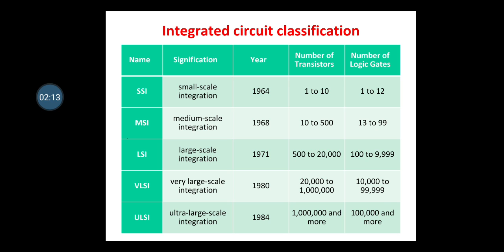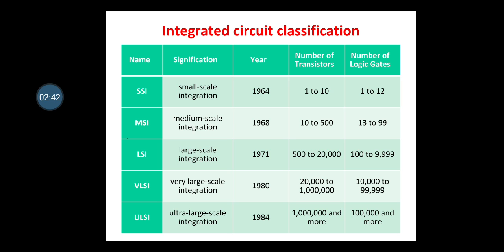So that category of integrated circuits comes in small scale integration. The second category is medium scale integration, and in that the total number of transistors which can be fabricated inside the integrated circuit is 10 to 500, but the number of logic gates which can be fabricated is 13 to 99. Then comes large scale integration.